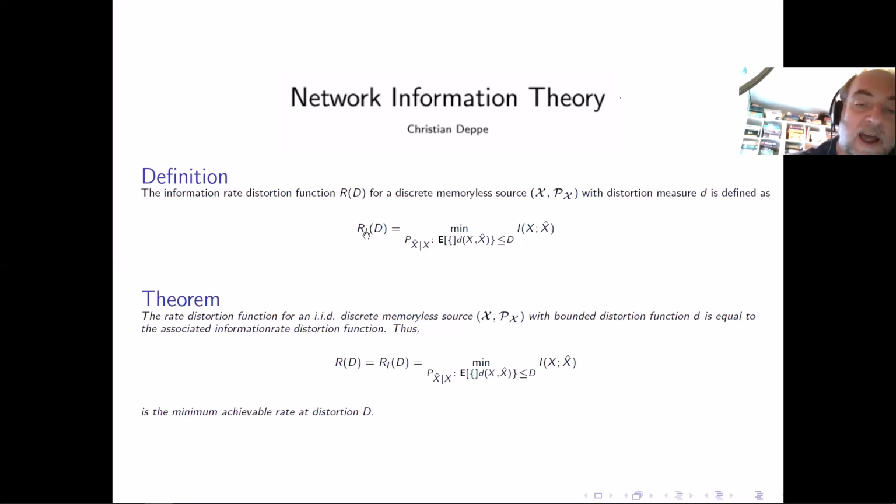If we define Ri of D, which before we called R of D directly, as this formula here, then we proved that the rate distortion function for a discrete memoryless source with bounded distortion function d is equal to the associated information rate distortion function. So the rate of D is equal to this formula. And this is best possible. That's what we showed.